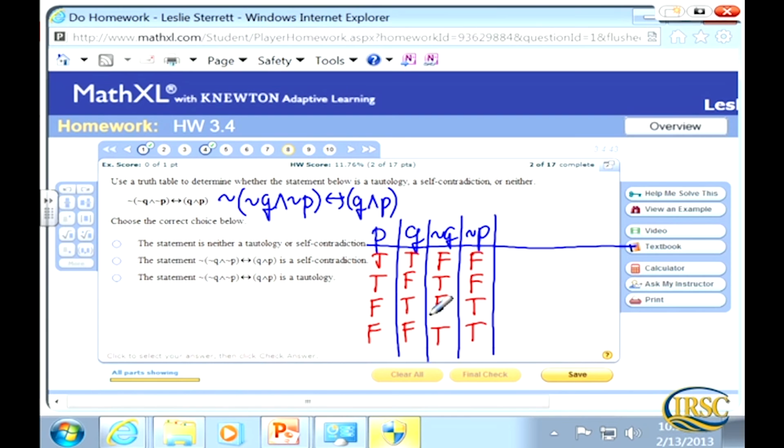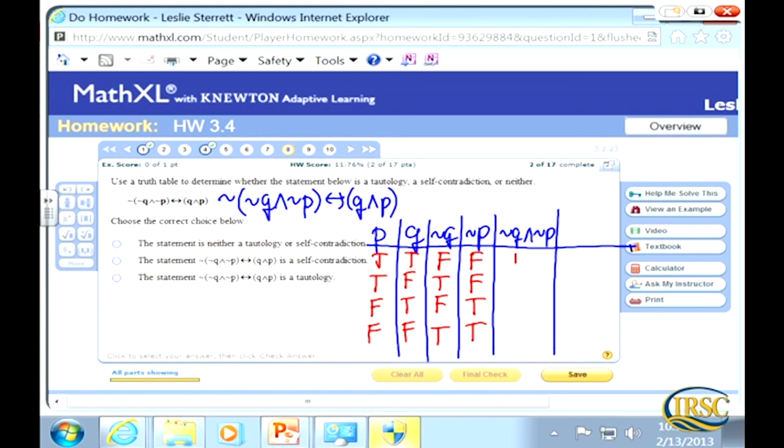So now I'm going to go ahead and do what's inside the first parentheses. Not Q and not P. So that means I'm looking at the not Q, the not P, and what do I know about and? Only true when they're both true. So therefore, false, false, false, true.